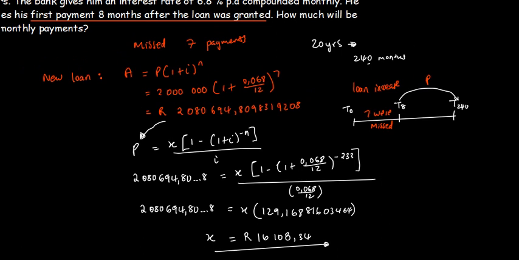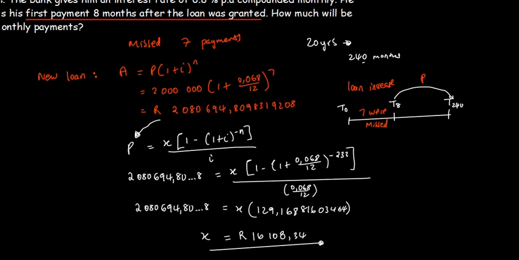there is one last part that is crucial, good people, whereby the payments are not missed at the beginning, right? The payments are missed somewhere along the way. That one is when we're saying that it was a normal loan, but then something happened.